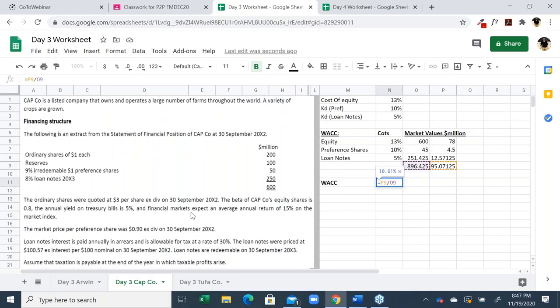Valentine, yes, it's 5.6, but you haven't divided it by the market value. We should divide 5.6 by the market value as well. And then we are going to get the cost of debt.